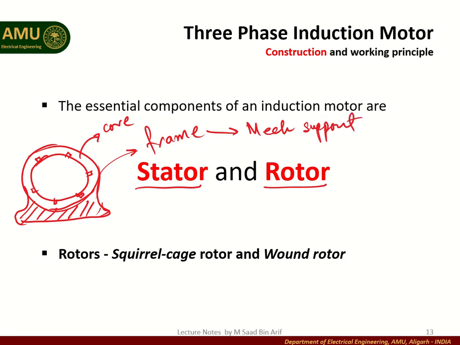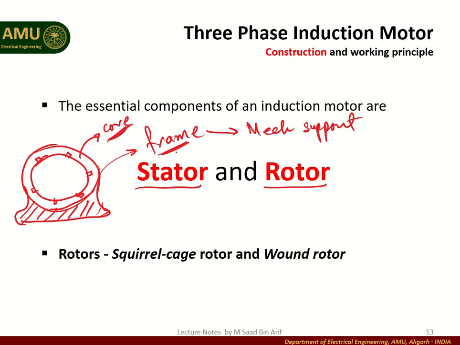Although the frame is also made up of magnetic material, it is not designed to carry the magnetic flux, that is the flux which is required to induce the EMF in the armature. That magnetic flux is carried by the core, not by the frame.